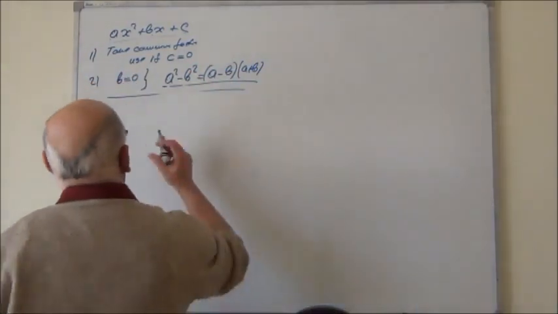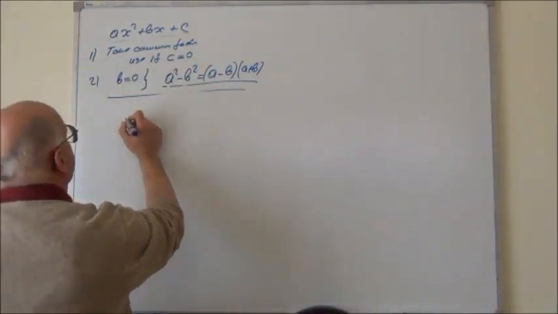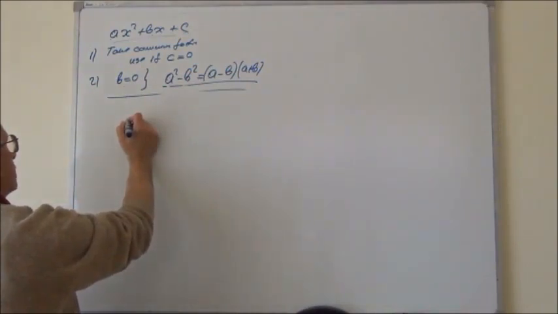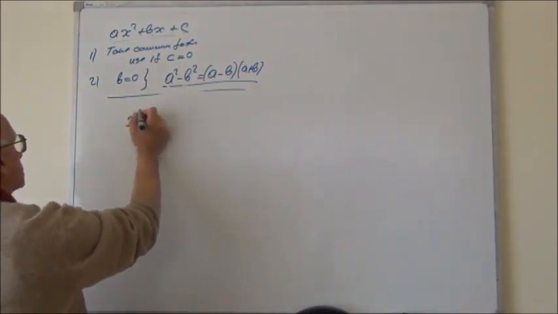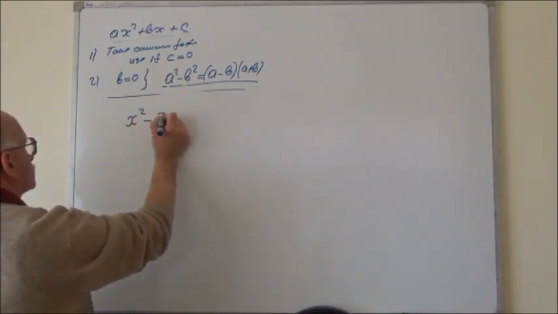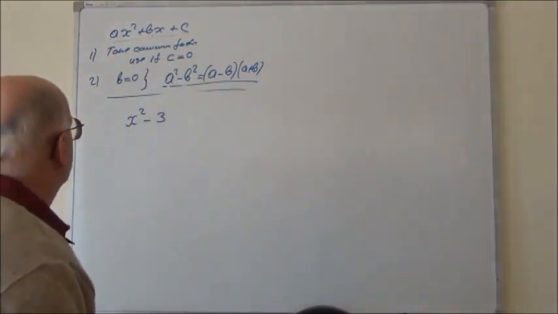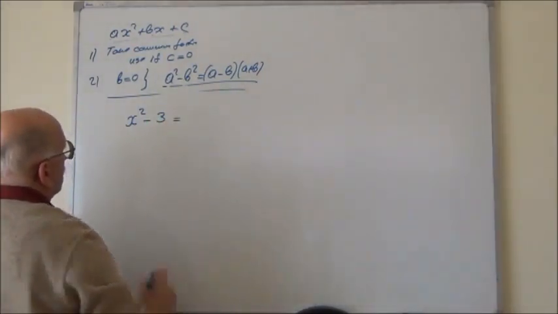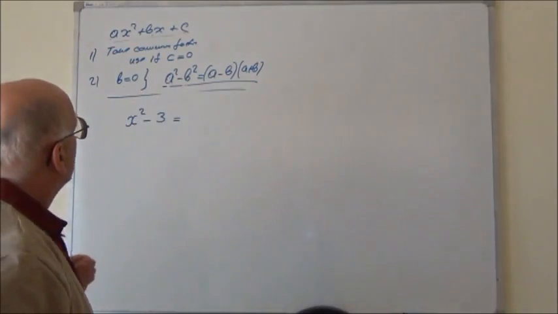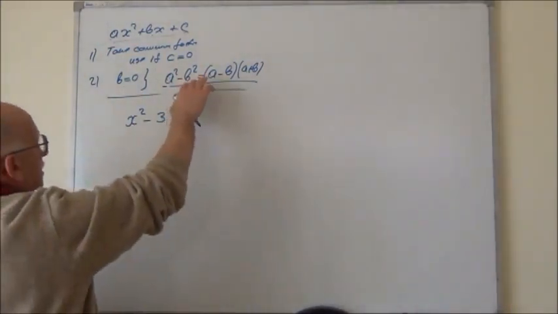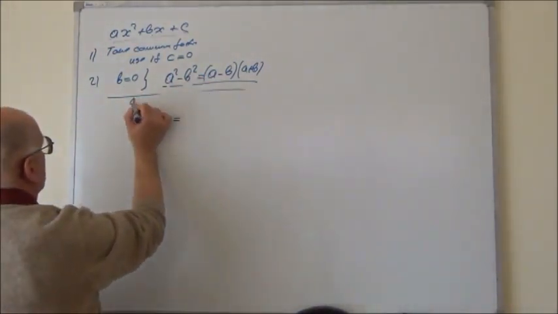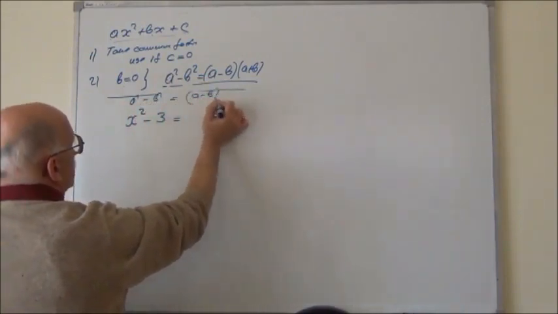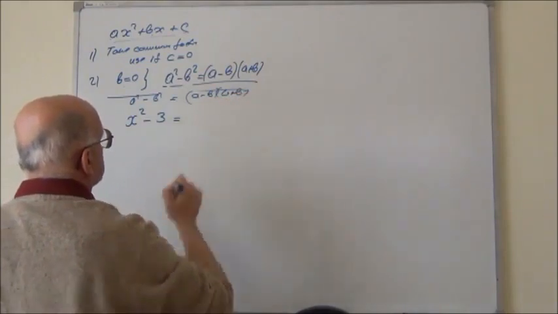Let's say another example. If we have x squared minus 3 to factorize. So again, we are thinking about that formula: a squared minus b squared equals a minus b multiplied by a plus b.